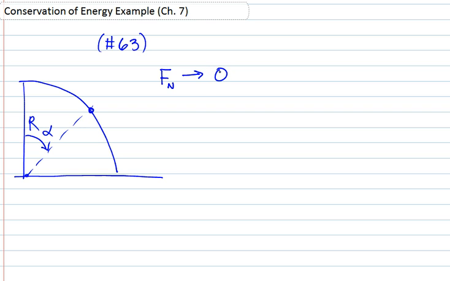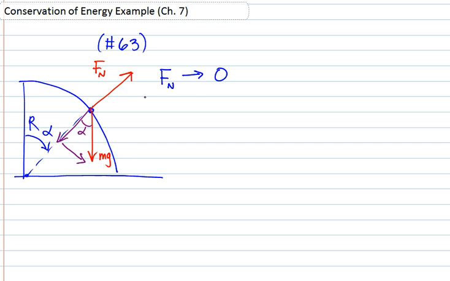It turns out that we're going to have to attack this problem by using both forces and conservation of energy. The first thing we'll do is look at the point where contact is lost, and draw in gravity, mg, and the normal force, F normal. It's a frictionless surface, so this is basically it. We can take gravity and decompose it into two components, which gives us an angle alpha right here.